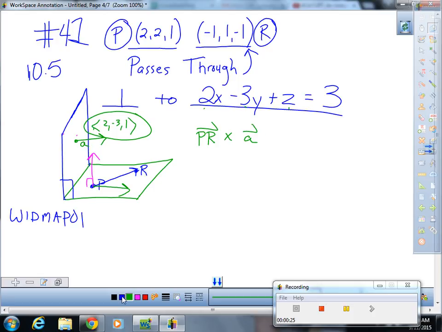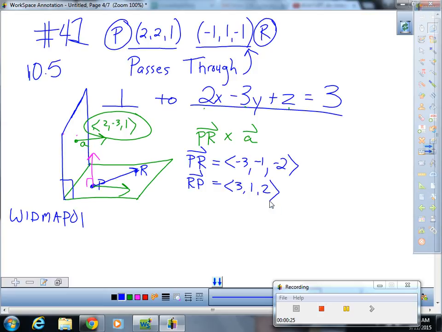So PR is, let's see, negative 1 minus 2, negative 3, 1 minus 2, negative 1, negative 1 minus 1, negative 2. Okay? So that's how we can define PR. I'm going to use RP instead, so I don't screw up so many negatives.